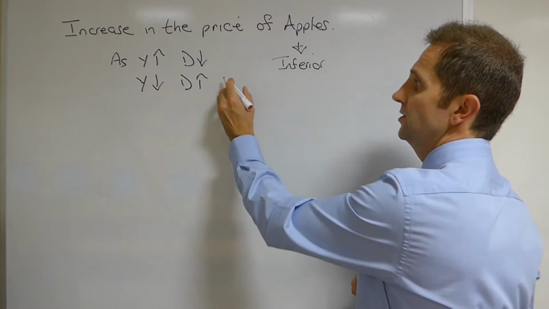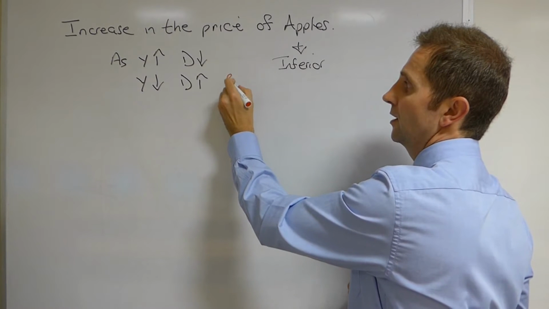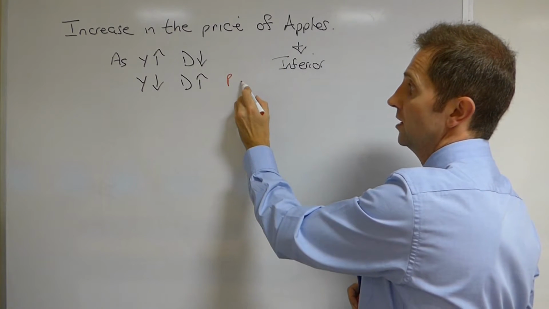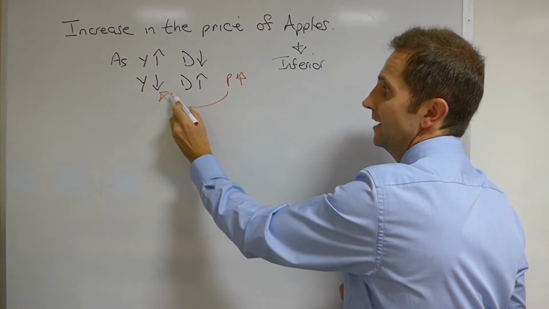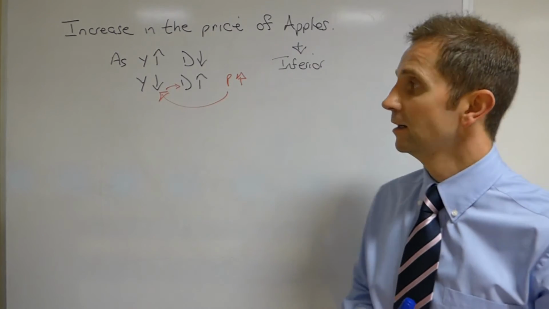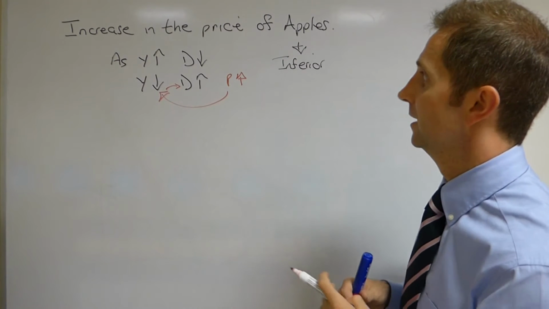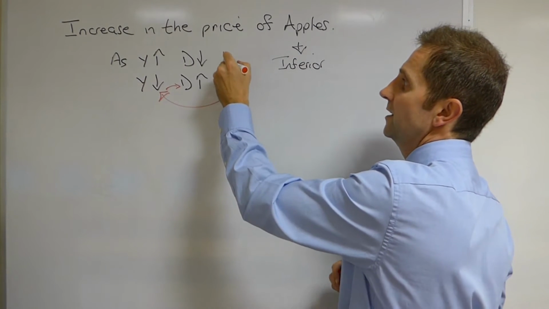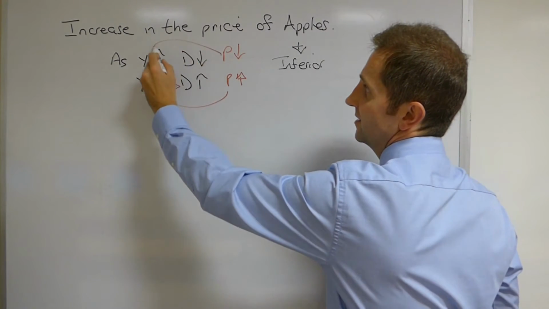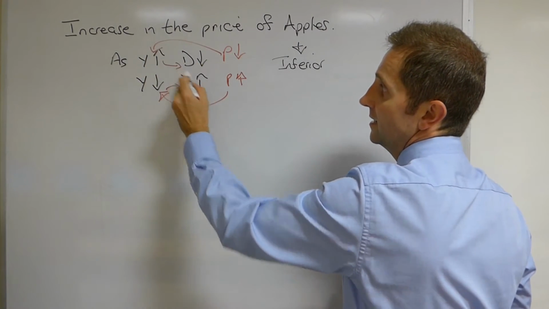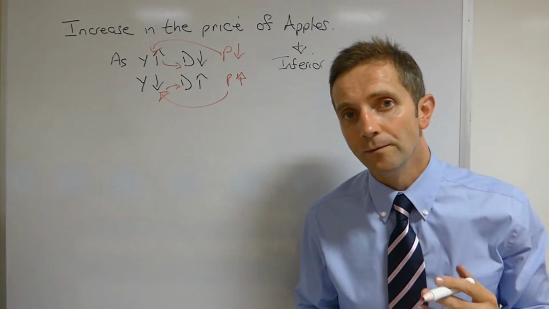So this would be the same as the price of the particular good in question rising, hence lowering your income, hence demand going up. Or we could say, as the price falls, that's the same as your income rising, and hence the demand would fall.